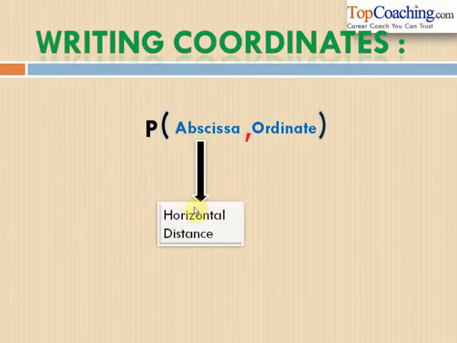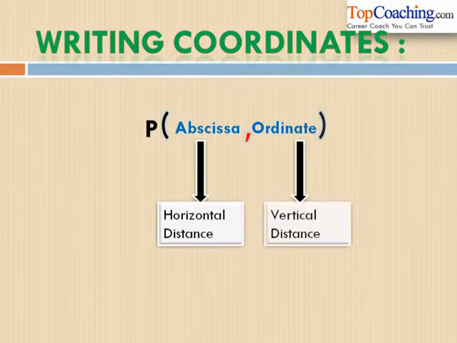Now abscissa is actually the horizontal distance of any point from the y-axis. This we have already seen in the first lecture, that abscissa or the x-coordinate represents the horizontal distance of any point from the y-axis, and similarly ordinate represents the vertical distance of any point from the x-axis.